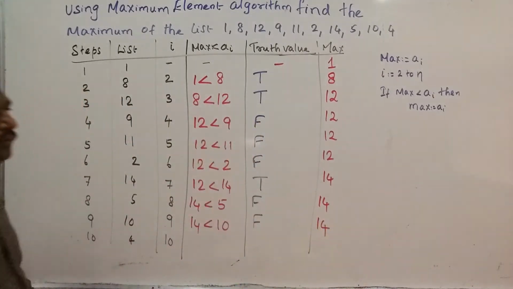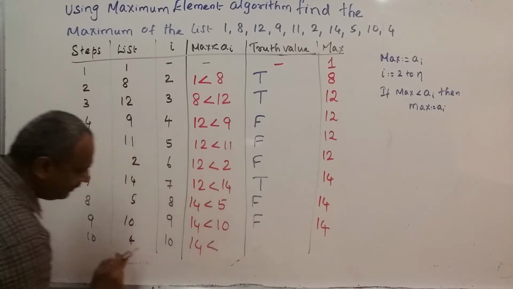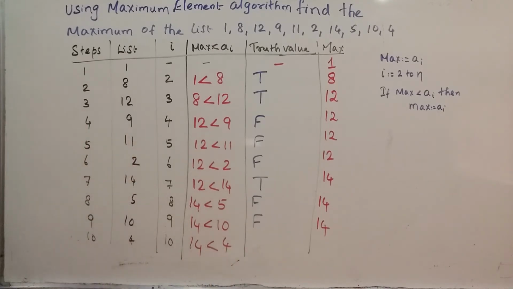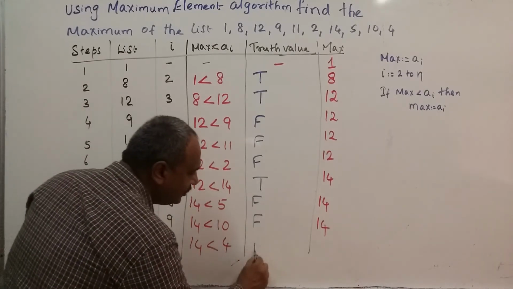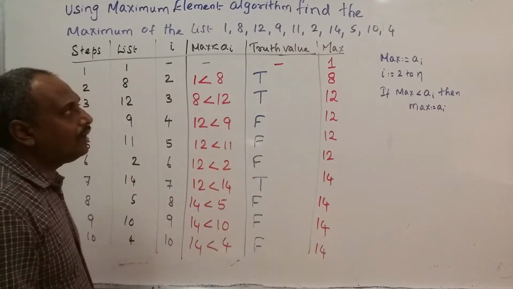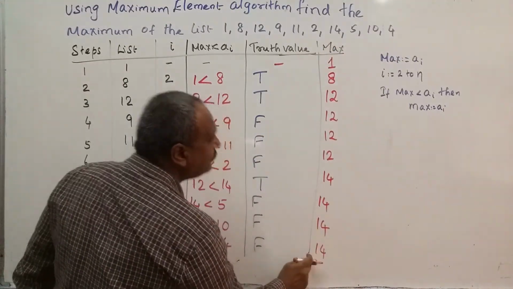This is 14. The last comparison, again it is going to check 14. It will be compared with the last number 4. Is 14 less than 4? The truth value is false. That means there is no change. Now, when you check, the maximum value is assigned to be 14.